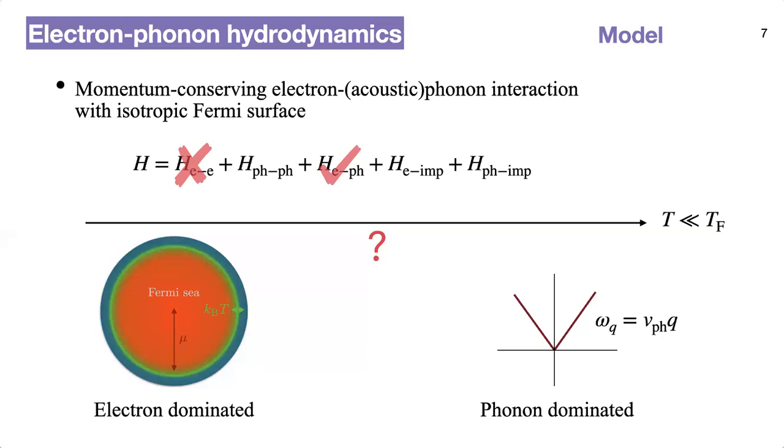Maybe I can jump in also. One way to think about this: in the old language, you might say, let me write down some hydrodynamic equations for the phonons, and then some hydrodynamic equations for the electrons. Then you would add some artificial timescale into your system that allows you to exchange momentum and energy between the two parts, while conserving the sum.